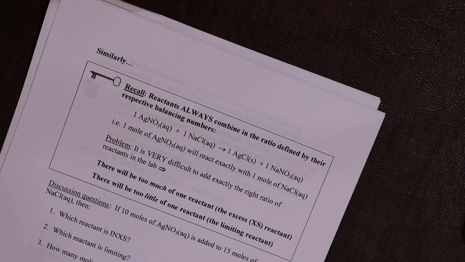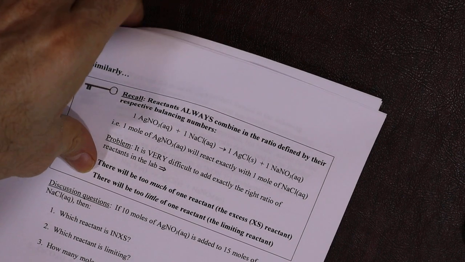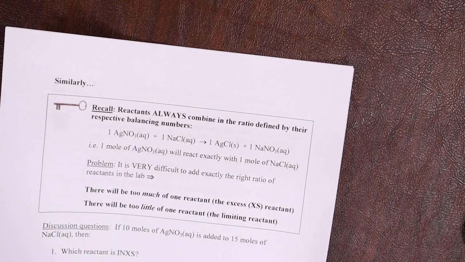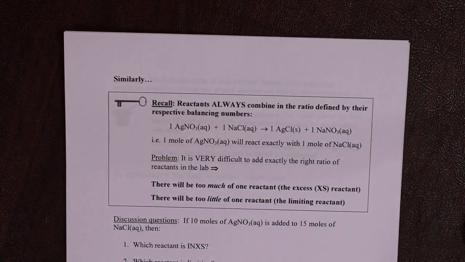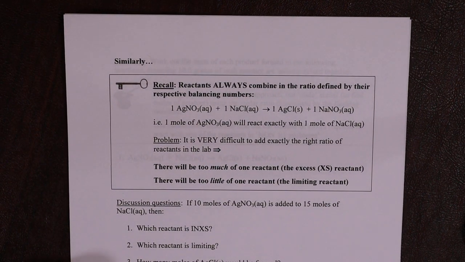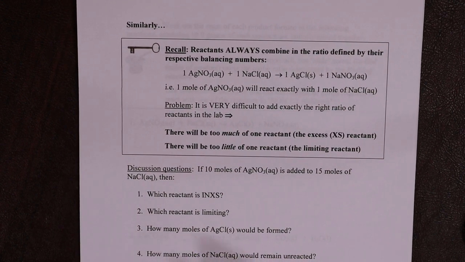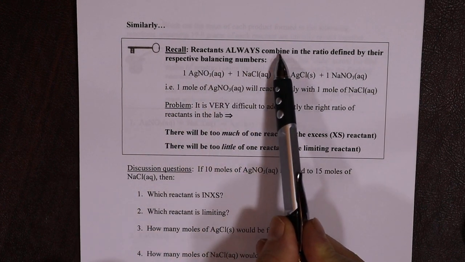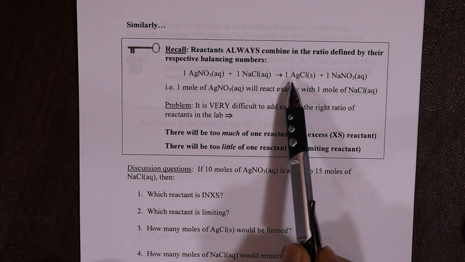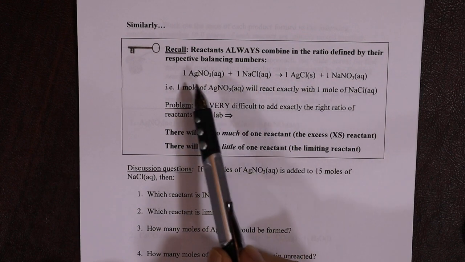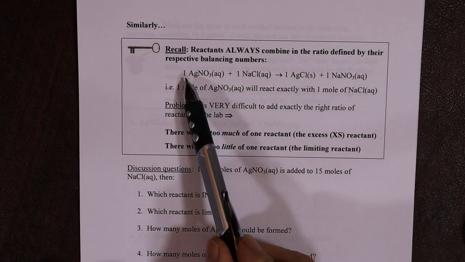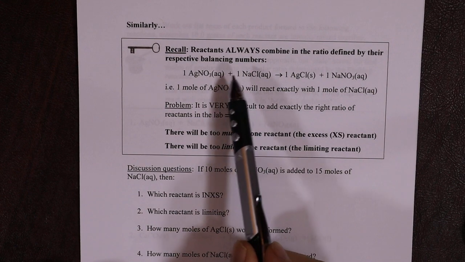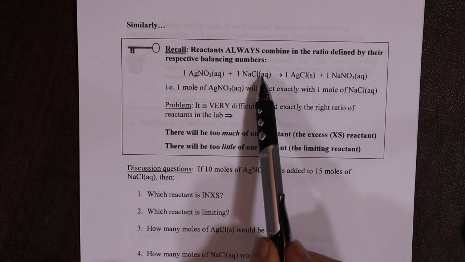So what we're going to do is something very similar, but instead of sandwiches and bread and ham, we'll just use formulas. It's the same concept. We're going to think about limiting, excess, etc. in terms of things in the test tube now. The balancing numbers in a chemical equation, the stoichiometric factors, are just like the numbers of slices of ham and bread, and sandwiches.